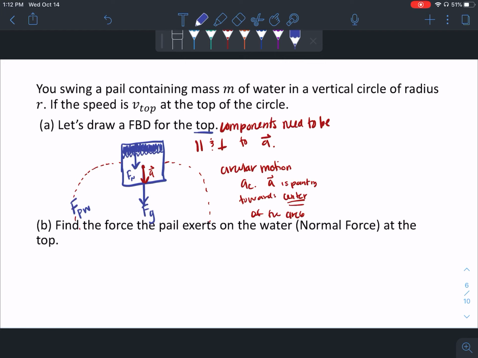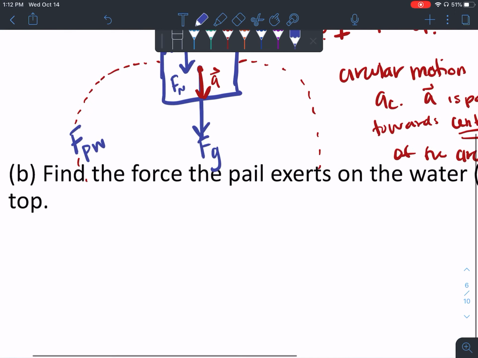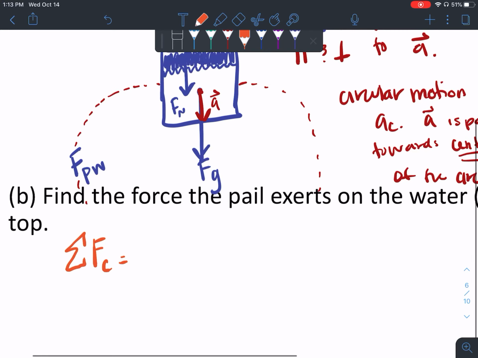It says, find the force that the pail exerts on the water. So we're dealing with this idea of the force normal. Whenever it's asking you to find a force, do a sum of forces equation. I can come in here and say the sum of forces in the centripetal direction, because both of those are pointing towards the center of the circle, so they are in the centripetal direction.